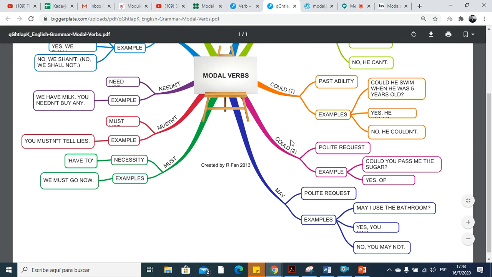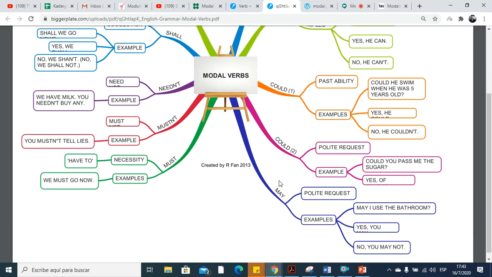So, en el caso de could y de may, como les decía, aparte de usarlos como habilidad o como permiso, también se pueden utilizar como etiqueta, por así decirlo, es decir, como expresión, well, like as a polite expression. No sé cómo traducir eso al español, supongo que podría decirlo como una expresión de educación, pero yo prefiero decirlo como una expresión de etiqueta, una expresión de protocolo.